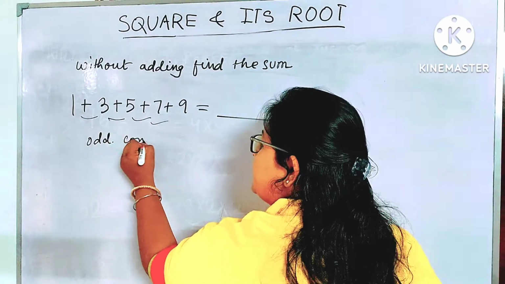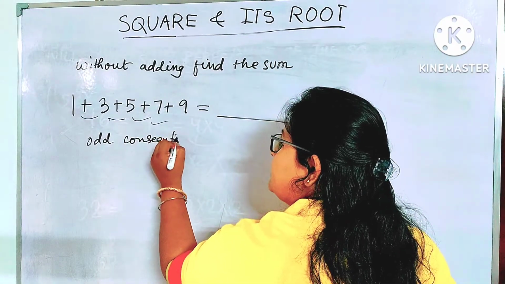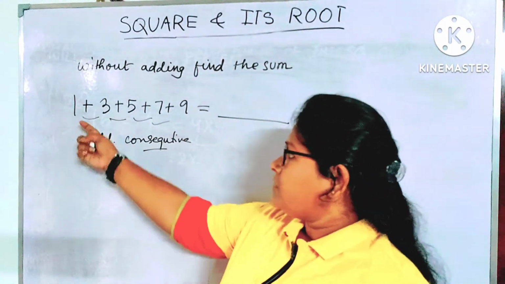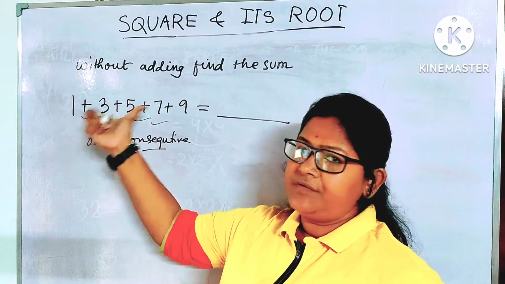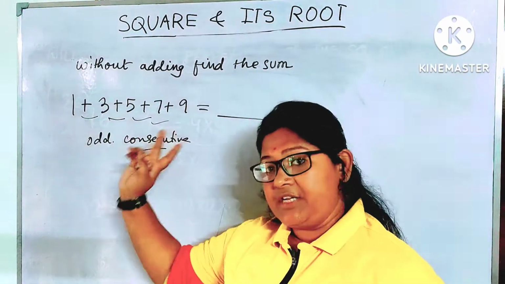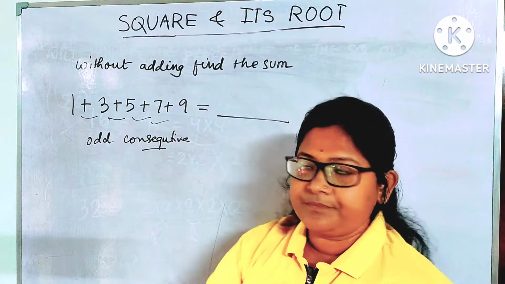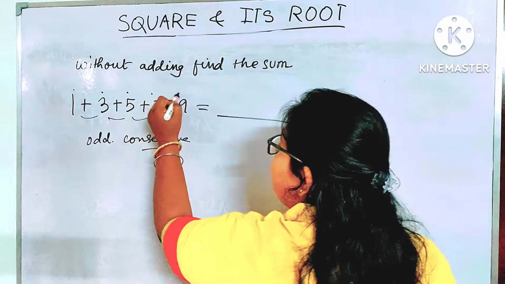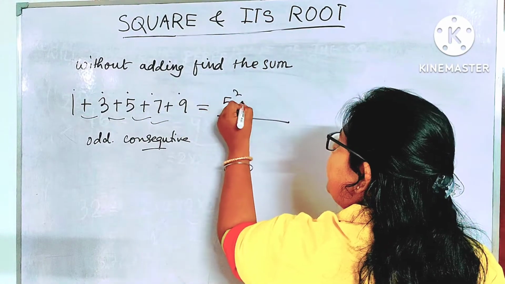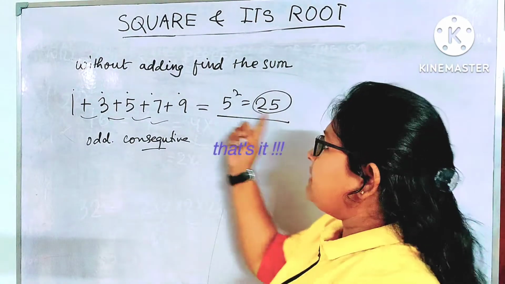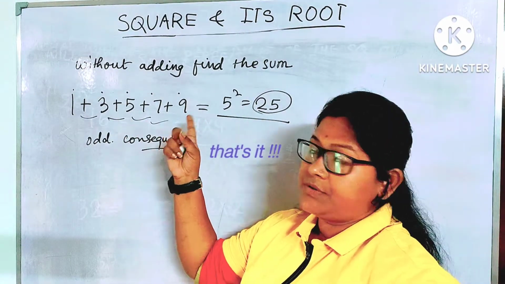They are consecutive numbers. Consecutive number means the number is just one after the other. So if this is a series, how can you find out the addition without actually adding? How many numbers are there? 1, 2, 3, 4, 5. So I will just find out the square of 5. That is 25. And this will be the addition of the numbers.